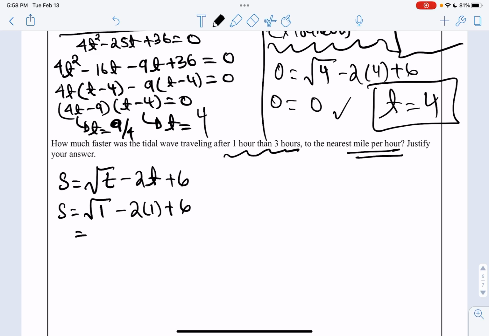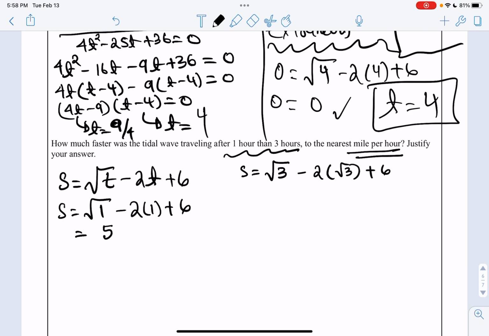So let's do it for t equals 1. I'm going to put it straight into the calculator. Radical 1 minus 2 plus 6, that is a 5. And then let's take a look at the next one. S is equal to radical 3 minus 2 times radical 3 plus 6.